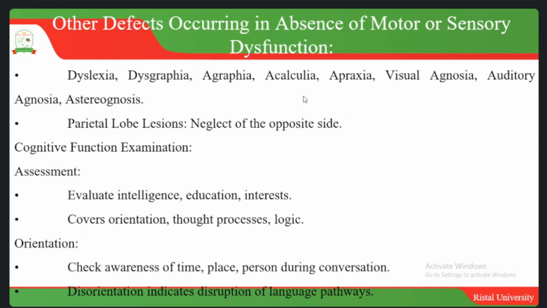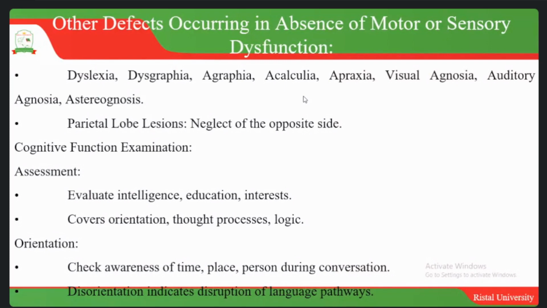That's what cognitive function means. When you're assessing this, we have to evaluate the intelligence of our patients, education, and the interests of our patient. Then it also covers orientation, thought processes, and also logic. So if our patients are able to understand this, then the patient has a good cognitive ability.